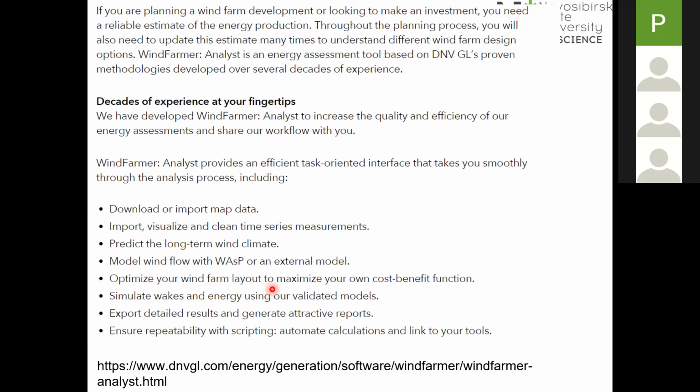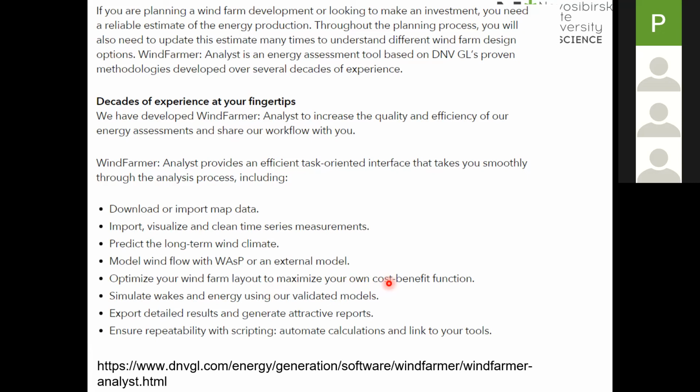And what that means is that computationally, it models the wind flow over the wind farm site, and it moves the wind turbines around until you get the best possible outcome, usually in terms of optimizing the annual energy production.